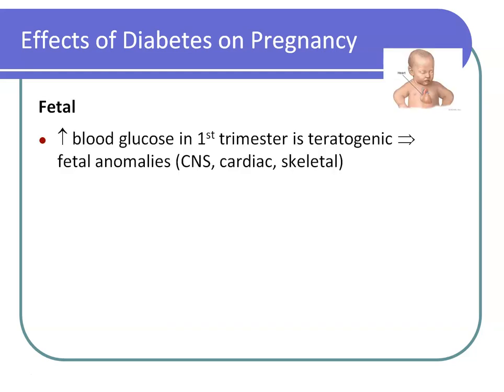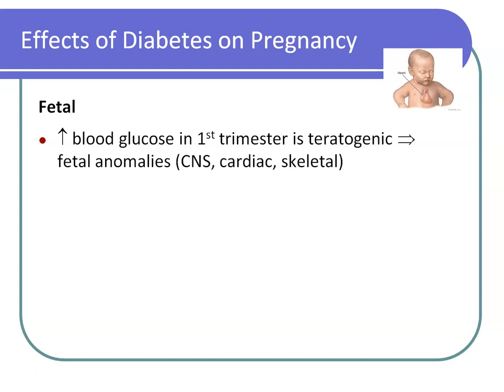Okay, effects on the fetus. Well, as I said, he is going to have hyperglycemia also because of the glucose that's passing over through the placenta. And a higher than normal blood glucose in the first trimester is teratogenic, so it causes fetal damage. It causes embryonic or fetal damage, and particularly central nervous system, cardiac, and skeletal anomalies, particularly cardiac.